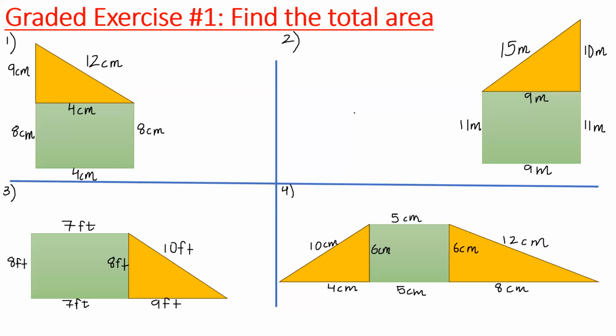Claremont, go ahead, you have a question? Claremont, do you have a question? Yes, sir. What's your question? Why is the longest lines of the rectangle always have the smallest number?